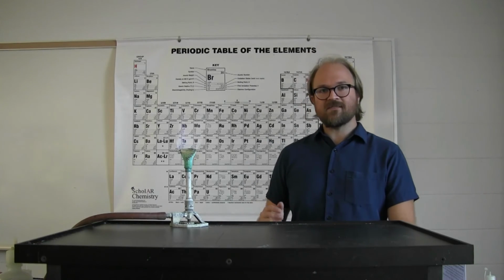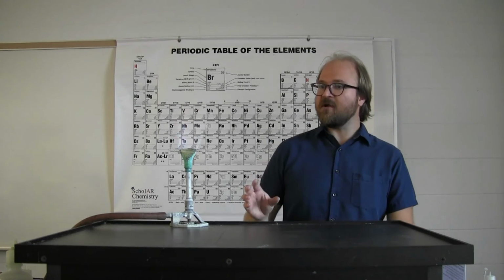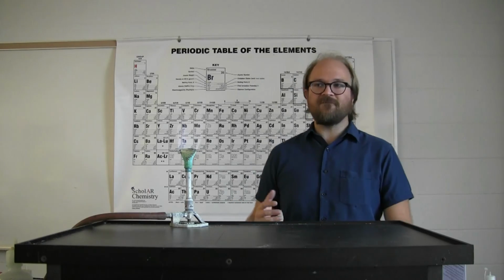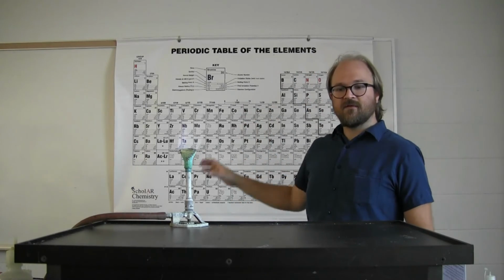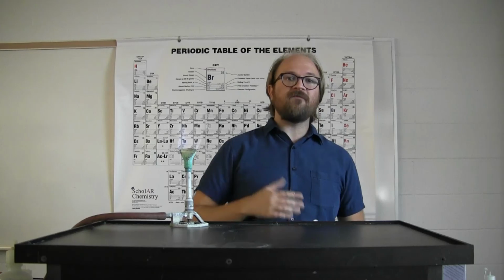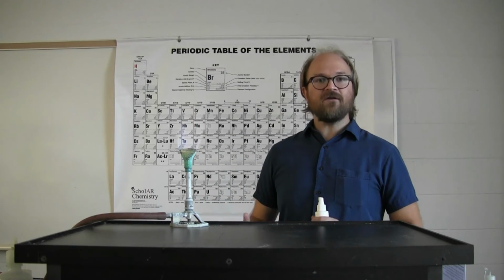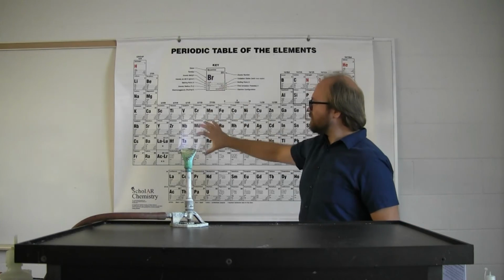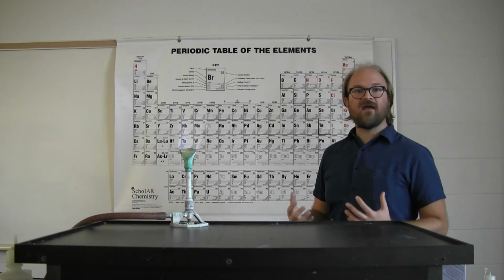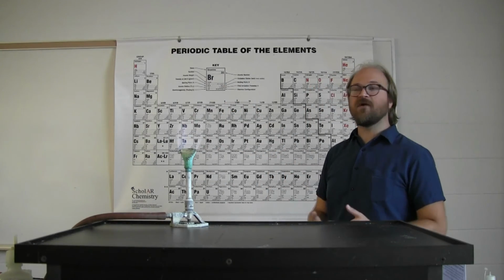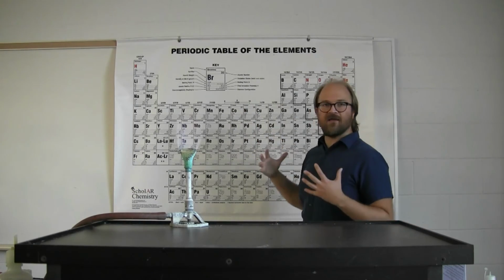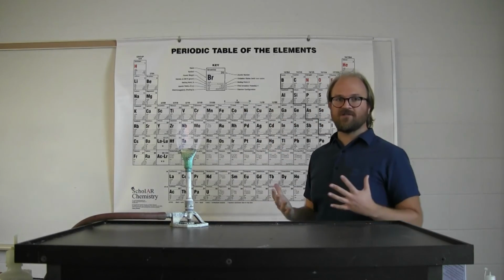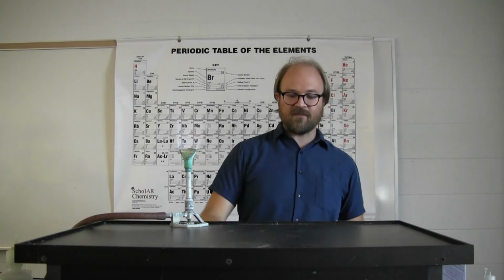The flame test is a qualitative experiment used to identify different elements. These elements all have different and unique energies associated with them, based on the energy of the different valence electrons, or the electrons in the most active energy level, those outside electrons.